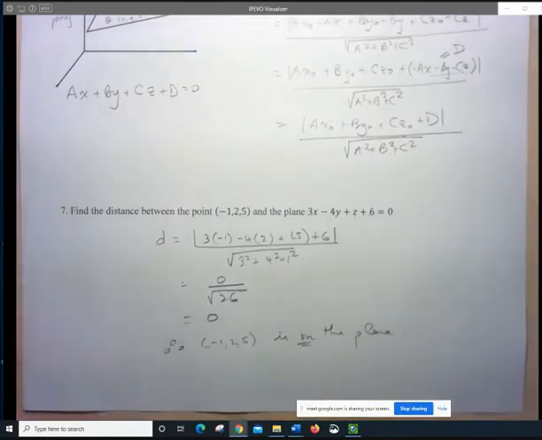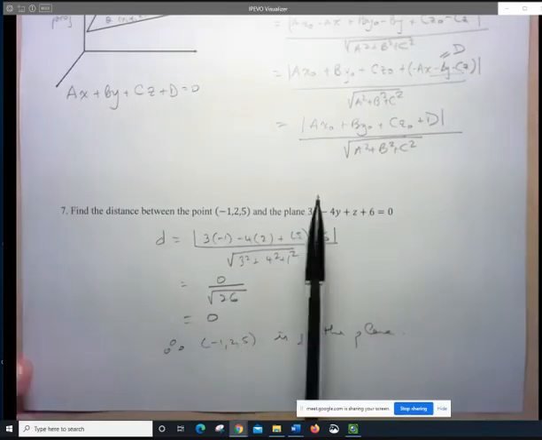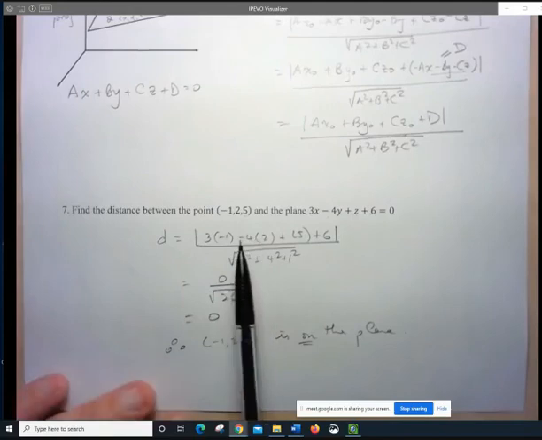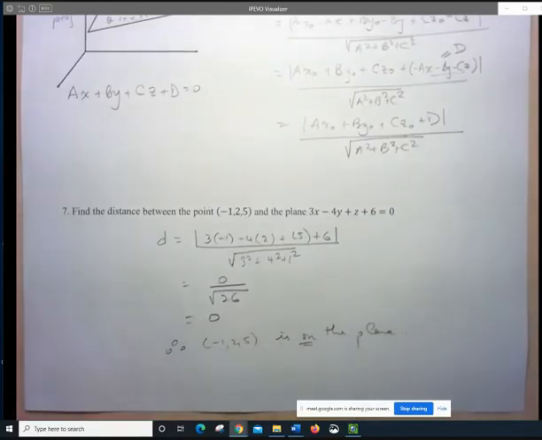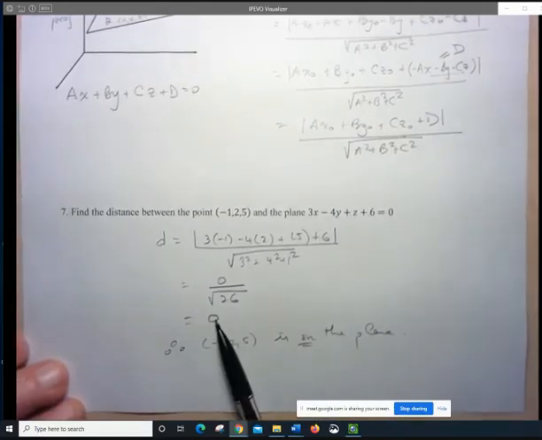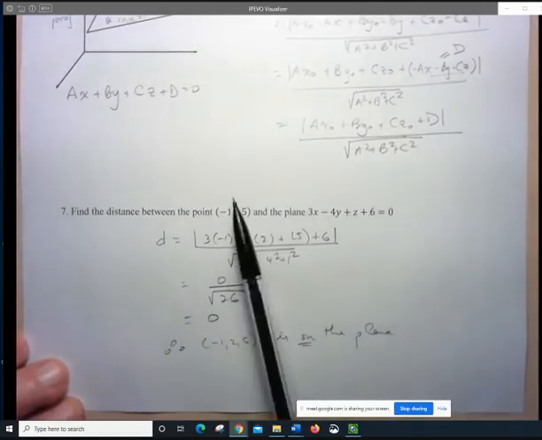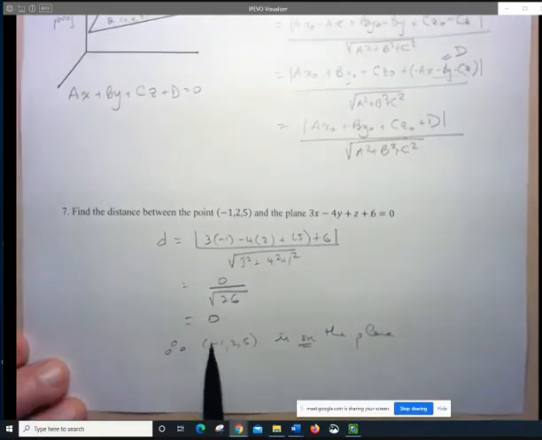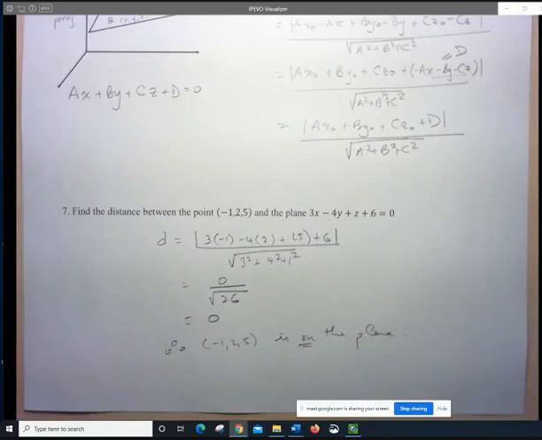Not necessarily something you think of doing, and certainly if the numbers are any bigger than this, you probably just don't even bother because the formula is so simple. But again, as always, the algebra will take you to the answer, even though there might have been some intuition that could have come into play. If you do the algebra correctly, it shall always lead you to the correct answer. Okay? So that's the end of this lesson.